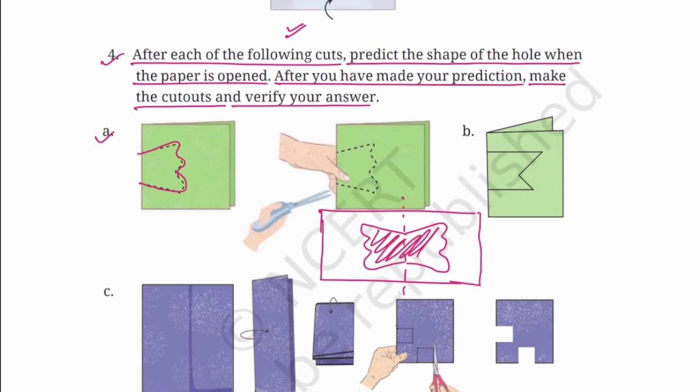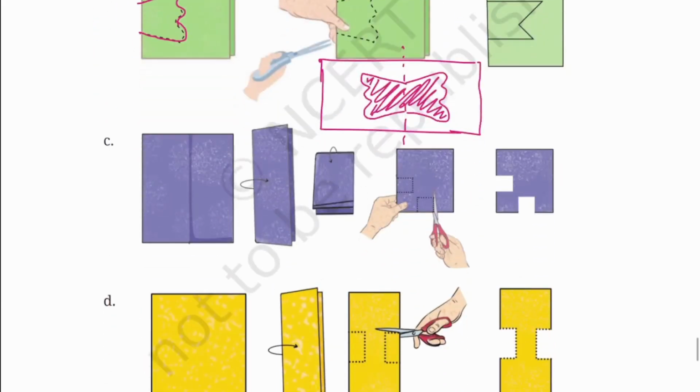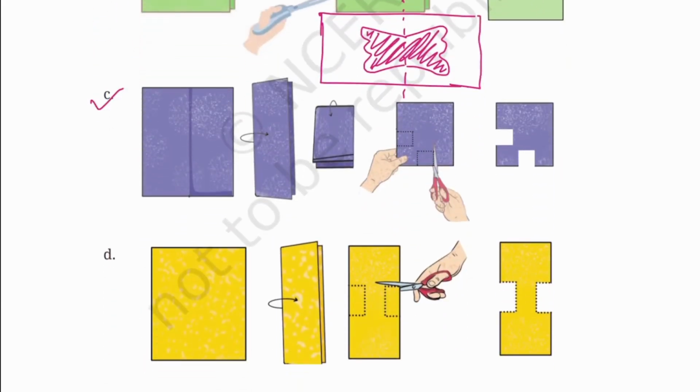This will be the hole. Similarly, you can try B, C, D. You can take paper like this and scissors and cut out as shown here, and unfold the paper and get the shape.